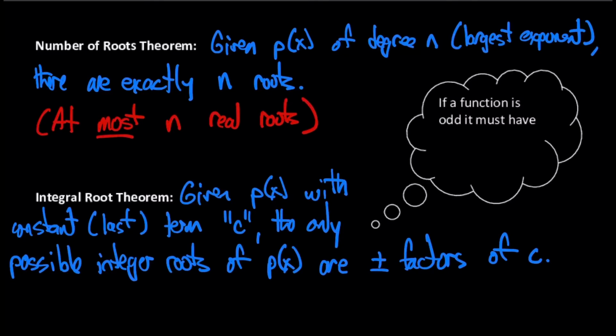So that number on the end, that c term, the constant, let's say it's 8. What it says is the only possible integer roots have to be factors of 8. So 1 and 8, 2 and 4. That's it.